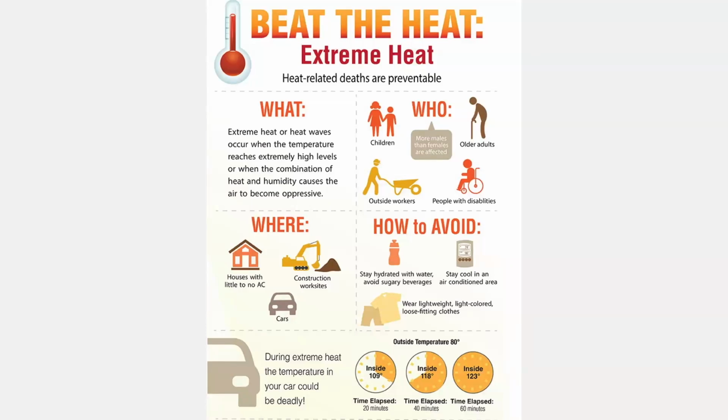But that's only if the temperature outside is 80 degrees. And as in one of the previous graphics, you can see the temperatures were 90 plus, in some areas 100 plus. So you can imagine how hot the inside of a car can actually get.